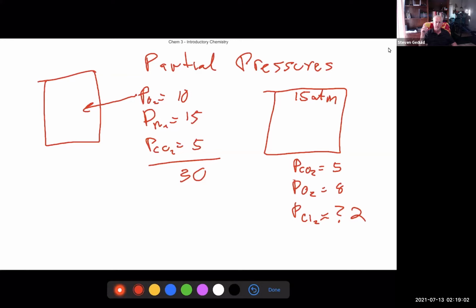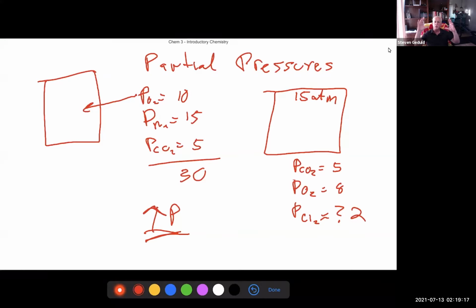Now this law applies for most conditions. The only time it starts to break down is under extremely high pressures. What extremely high pressures do is push these gas molecules closer and closer until you can have some interaction between them because they're being pushed really close together.